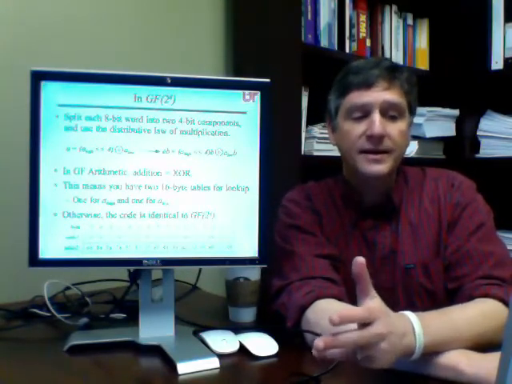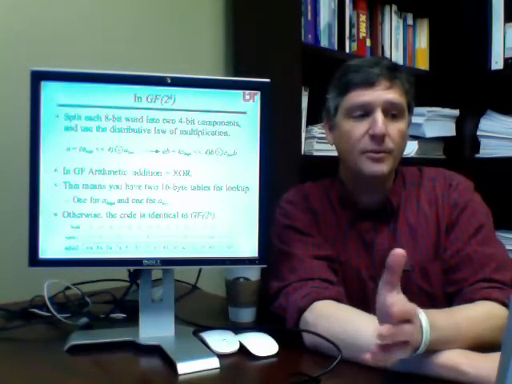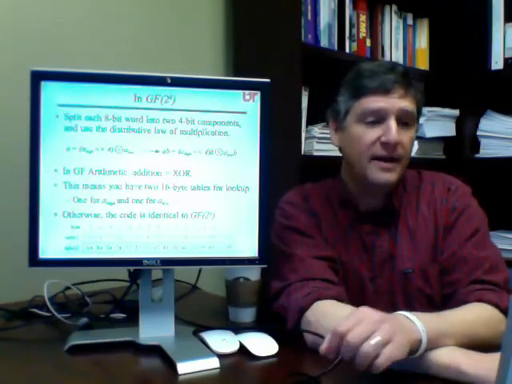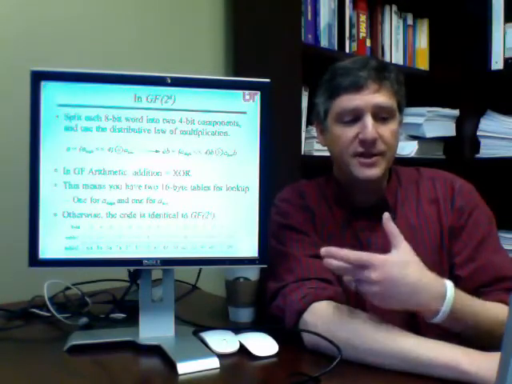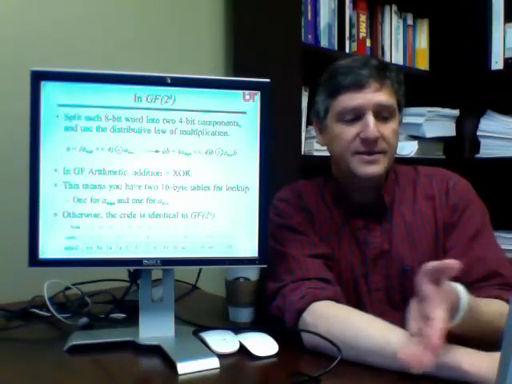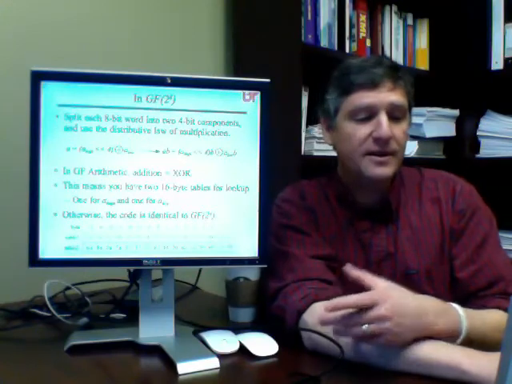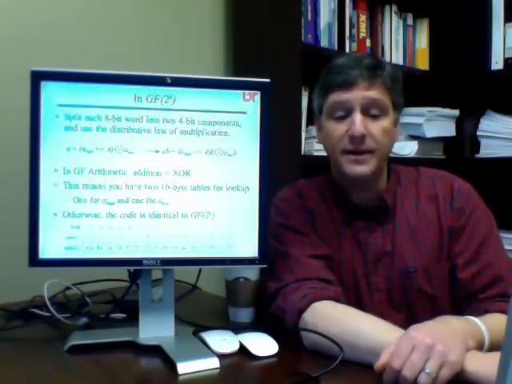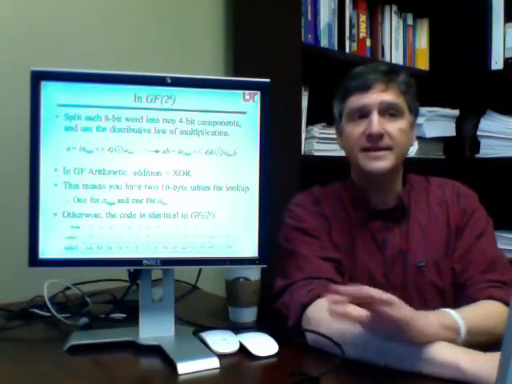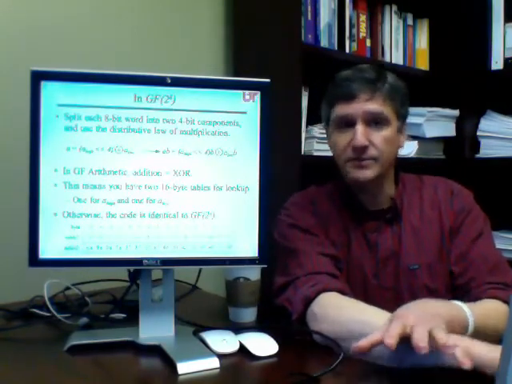So what all that really means is you have 2 16-byte tables for table lookup, one on the low 4 bits and one on the high 4 bits. And I have them there, and unlike before where in GF2 to the 4th every table entry started with a 0, here we're doing arithmetic over bytes, so the tables are going to have bytes in them. But otherwise the code is identical to GF2 to the 4th, same 6 instructions.